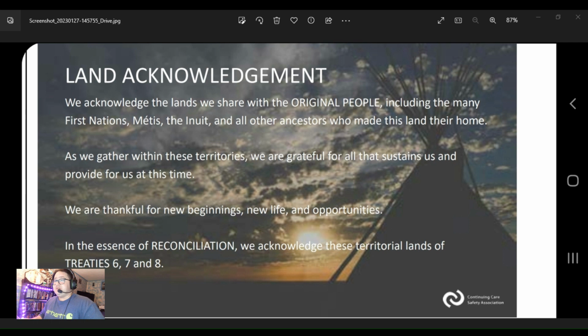As we gather within these territories, we are grateful for all that sustains us and provides for us at this time. We are thankful for new beginnings, new life, and opportunities. The essence of reconciliation, we acknowledge these territory lands of Treaties 6, 7, and 8.